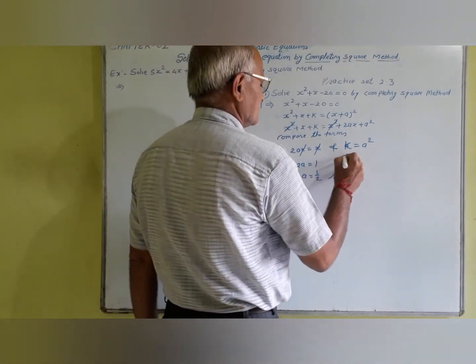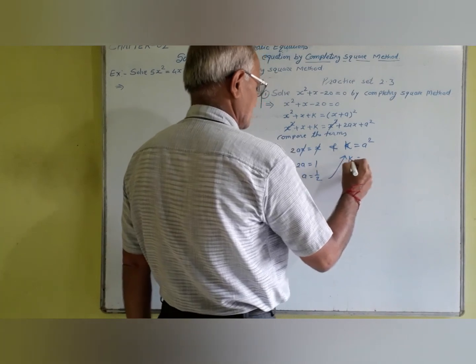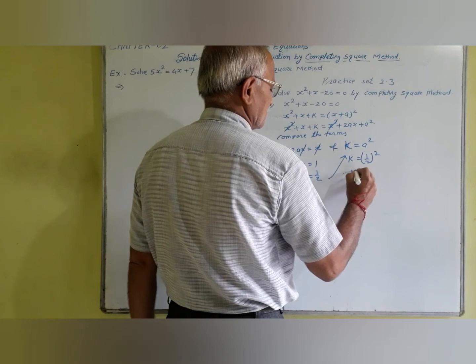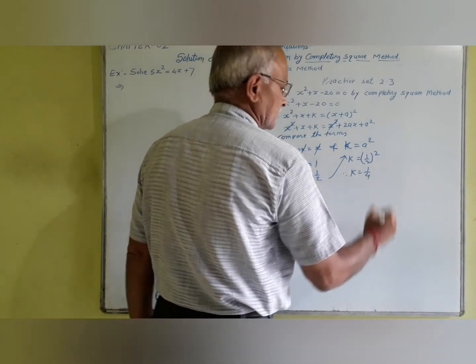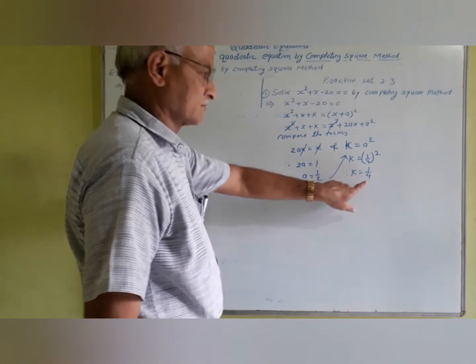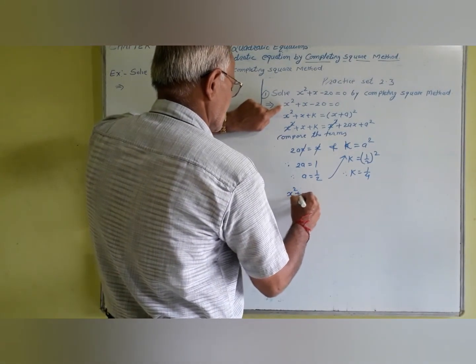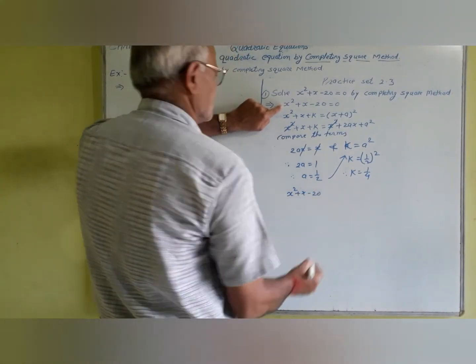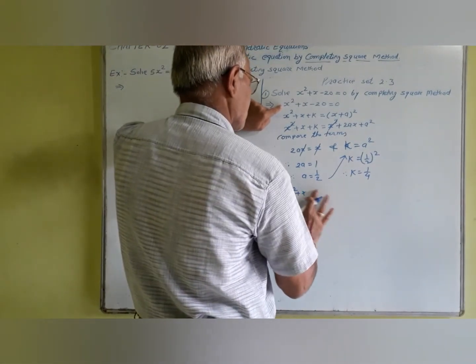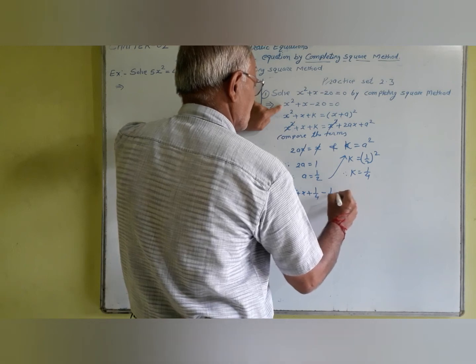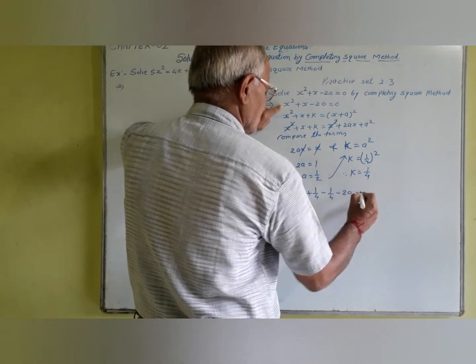Now substitute this a in this equation. k is equal to (1/2) whole square and therefore k is equal to 1/4. Now adding this 1/4 in this equation. x square plus x minus 20, x square plus x plus 1/4 minus 1/4 minus 20 is equal to 0.